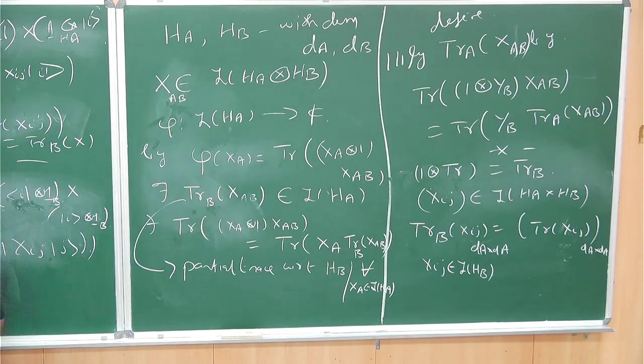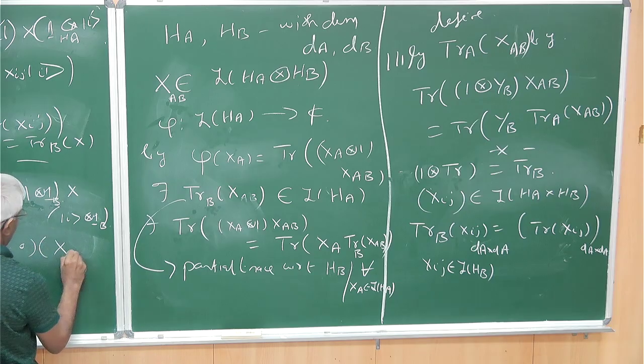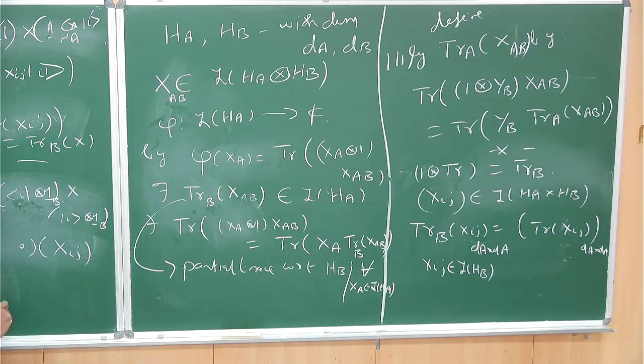Wait, let me write it. This is just going to be 0, 0, 1 at the ith place, 1b, and you have Xij. If you just multiply it, it will multiply on the left. There is no I. Sorry, you just multiply on the left.